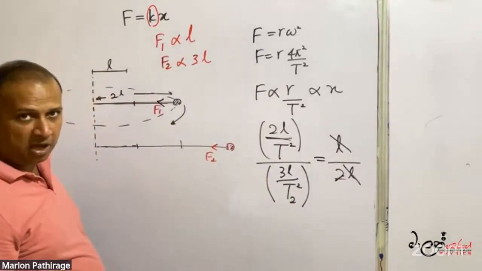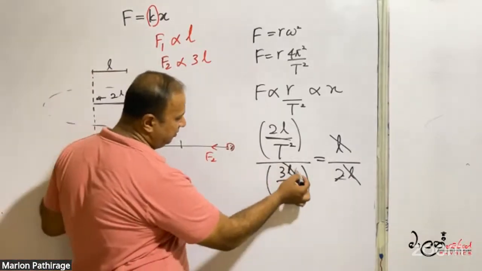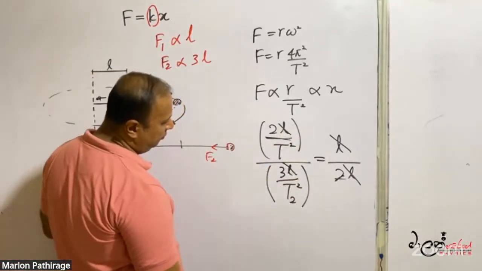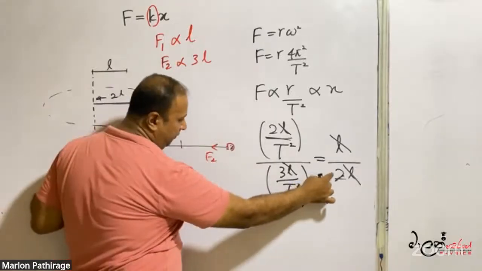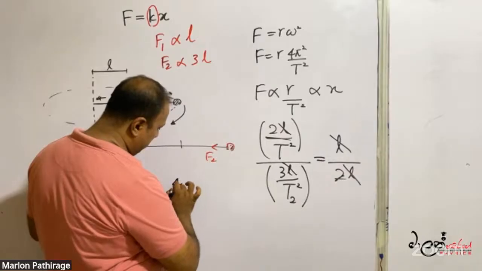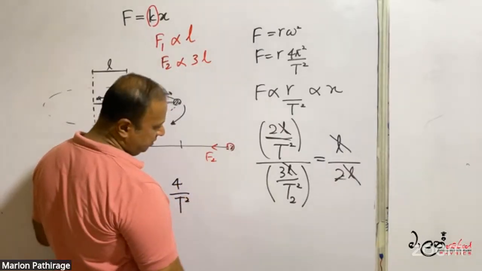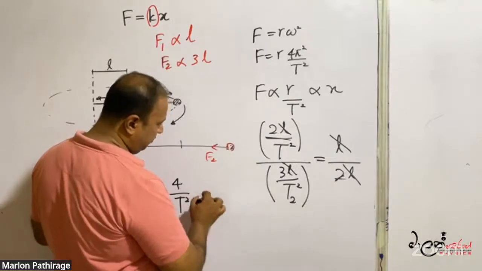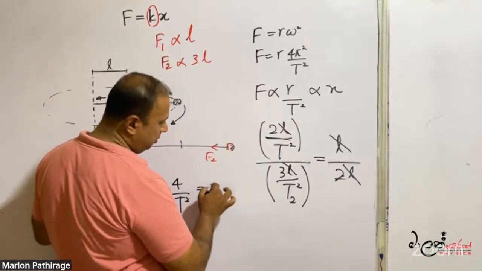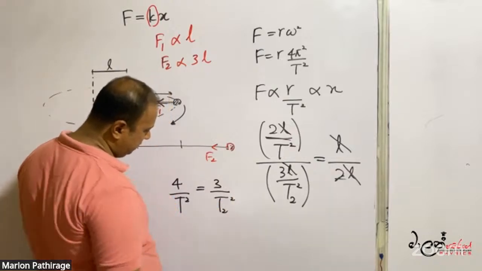That is half. If you multiply this by 2, 4 divided by T squared should be equal to 3 divided by T2 squared.